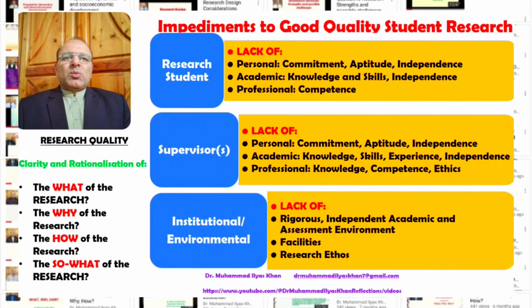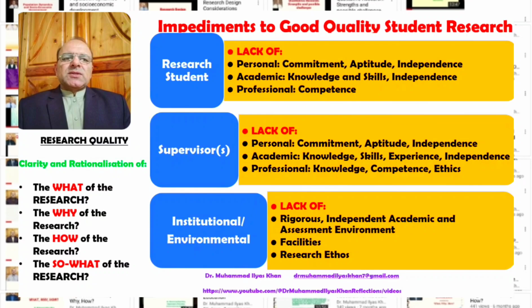If they're working in social sciences or humanities, they might need good facilities such as libraries. Facilities will also include the kind of teaching or faculty, the kind of support staff, the kind of infrastructure that is available there. So if there is lack of these facilities, that will have a bad impact on the quality of the student research.